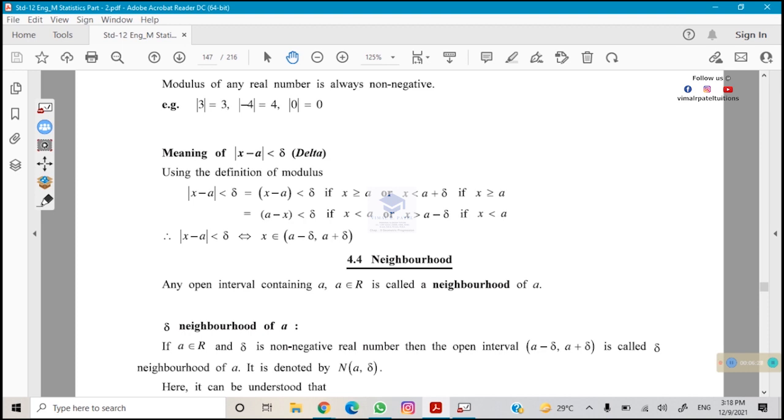Same way, a minus x is less than delta if x is less than a, or x is greater than a minus delta if x is less than a. So you can say modulus of x minus a less than delta means x belongs to a minus delta and a plus delta. So the value of x will be somewhere between a minus delta and a plus delta. Okay.